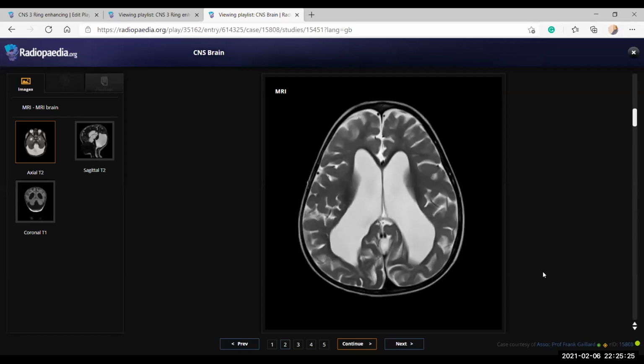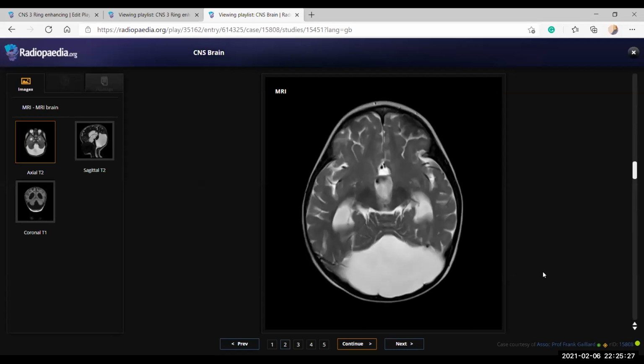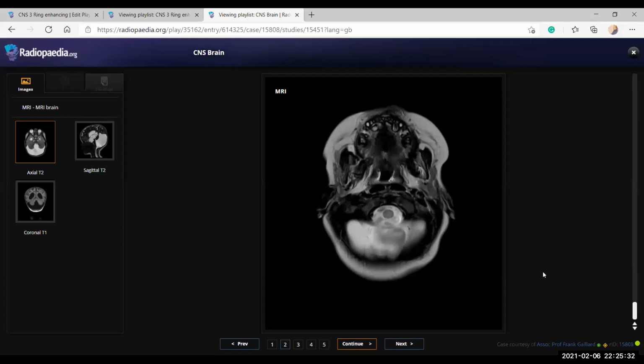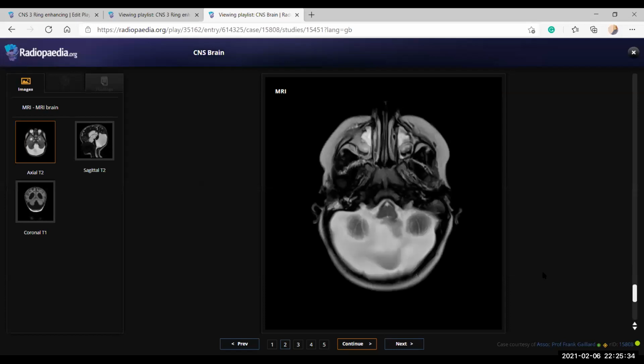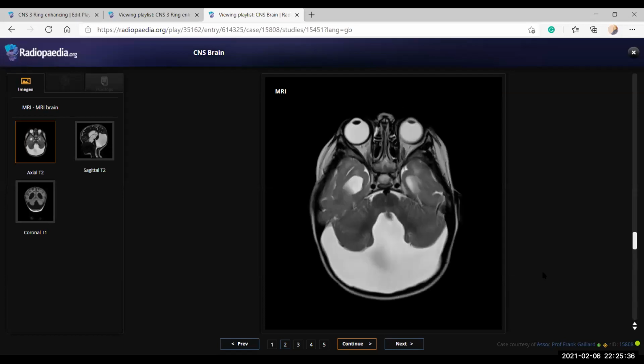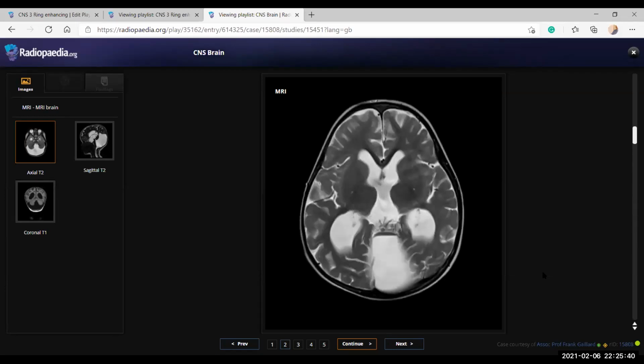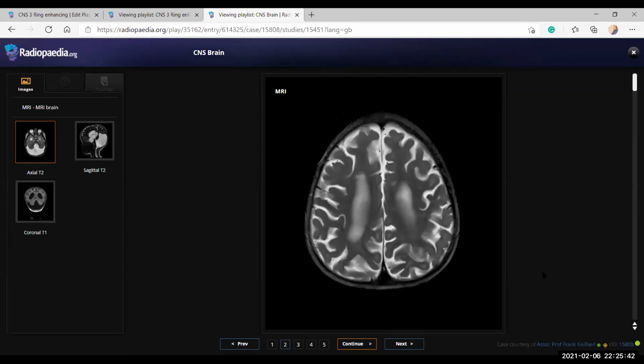Okay, no problem. So this is a multiplanar axial and sagittal T2 and coronal T1. I can see there is a large posterior fossa cystic abnormality connected to the fourth ventricle.